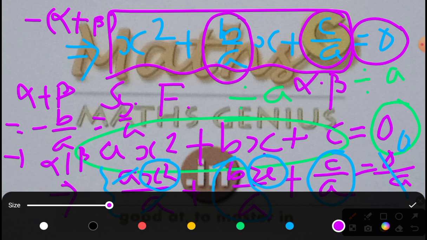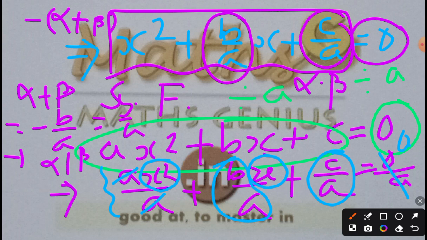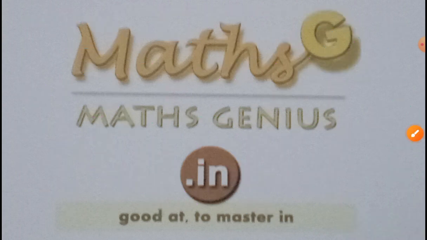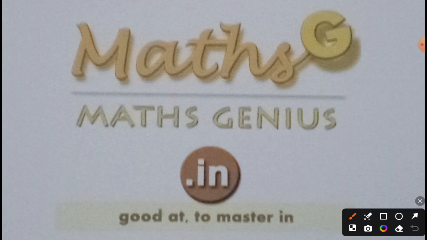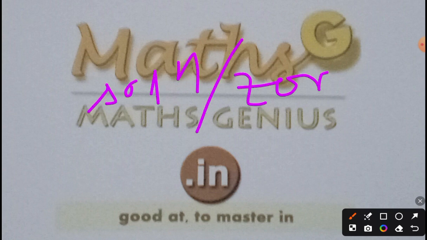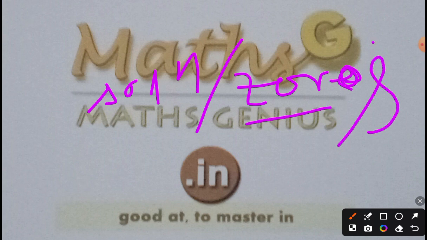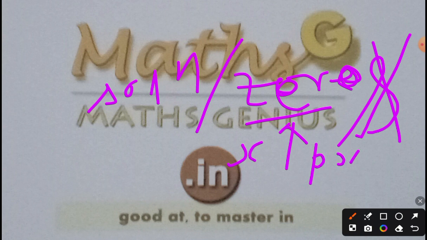Let me again remind you, I always do that in the classes and in this video also: what do you mean by the roots of a polynomial? The roots are nothing but the solutions, or otherwise known as the zeros of the polynomial. If plural, then only use zeros, otherwise don't. Zero of a polynomial means the value of x at which the polynomial reduces to 0.